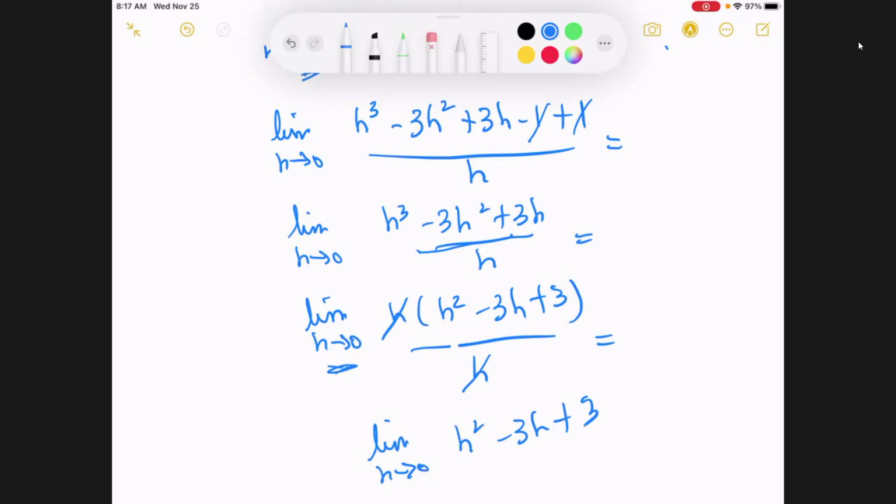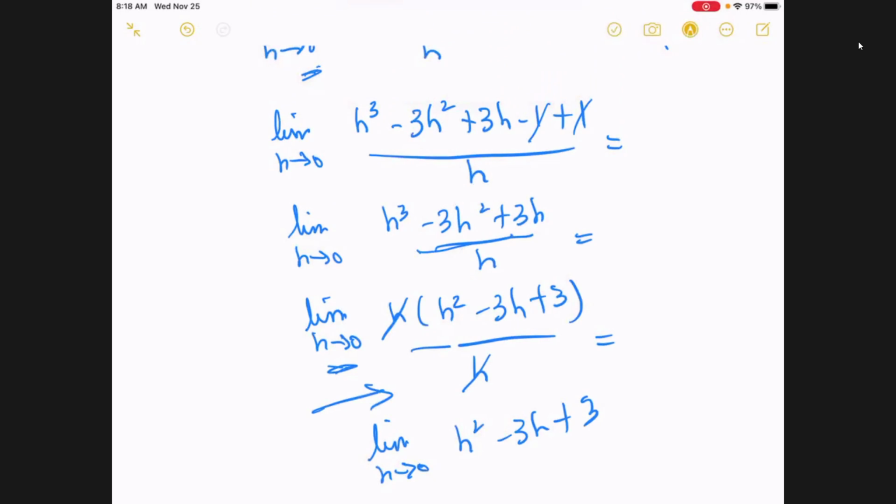Well, now the 0 over 0 problem is finally gone. It went away right here when I factored out those h's. And now you can just stick the 0 in for h, because now you're down to a function that's continuous at 0. And you get 3. Okay.